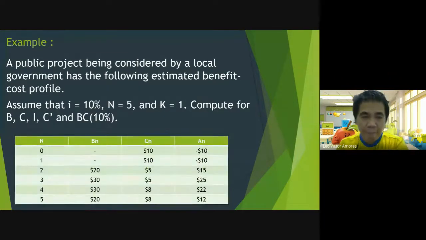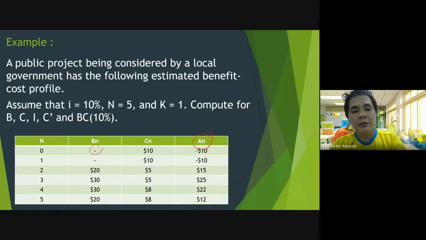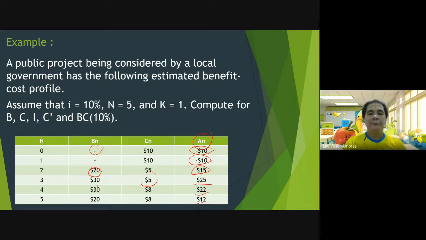So, for example, you have one problem. No? So, kani siyang AN class, cash flow ra ni siya per year. That is BN minus CN. So, negative 10. Kani, negative 10. This is 20 minus 5. This is 15. 30 minus 5. This is 25, 22, and 12. Okay? Kaya pwede man ko usara ka cash flow.